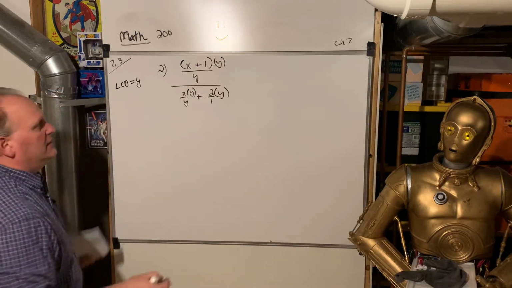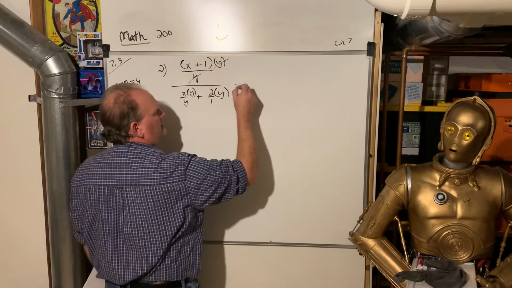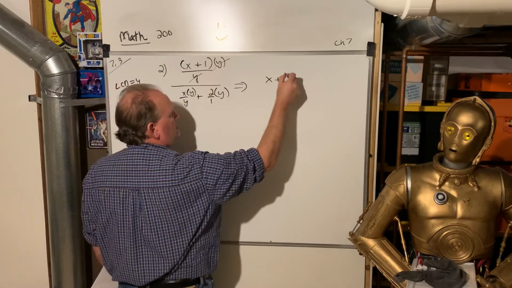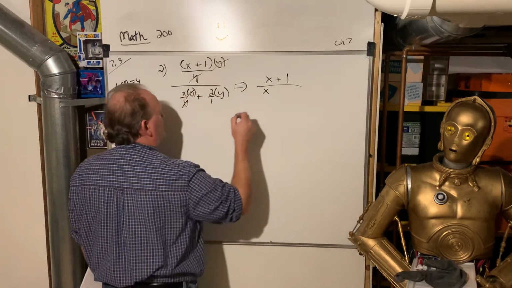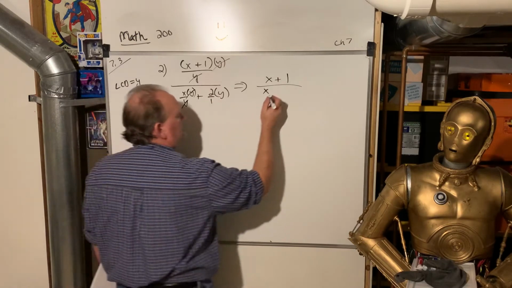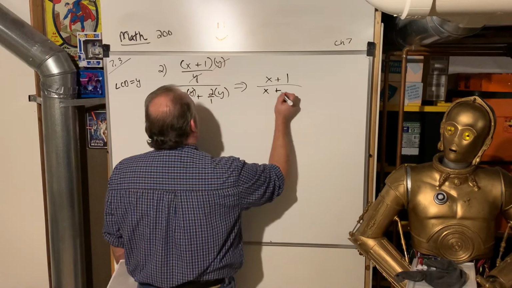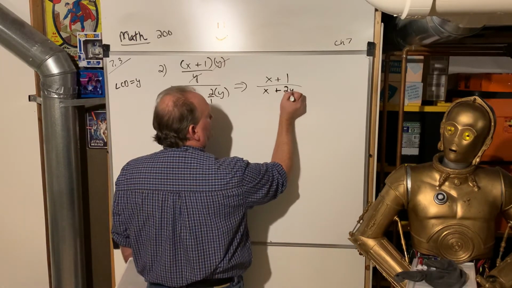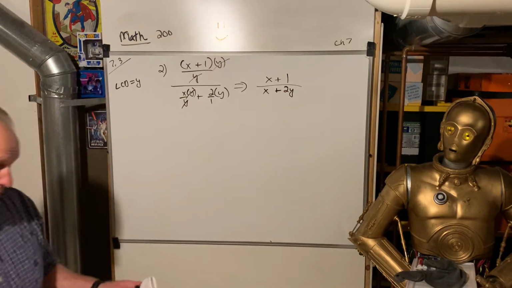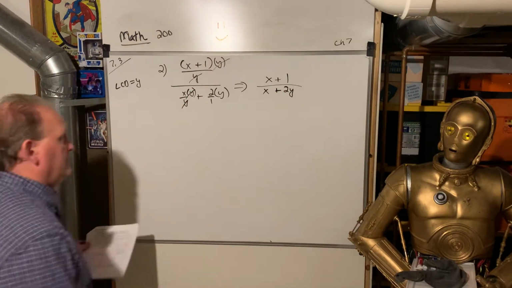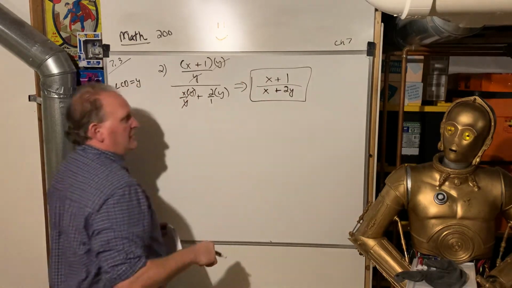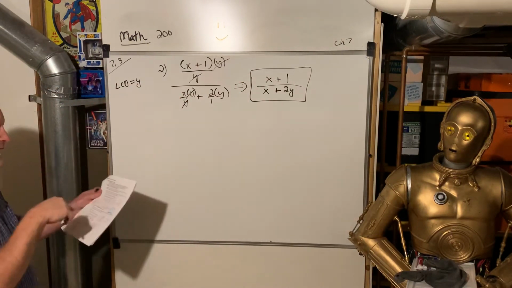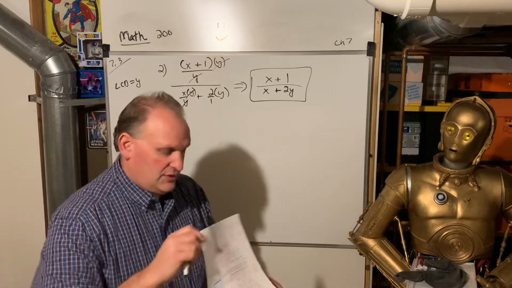So now look, here, those y's just cancel. And you've got your numerator, x plus 1. These y's cancel. You got x plus 2y. And that's it. That's what I mean. This is usually pretty easy to do. A lot easier than the first technique that I showed you.